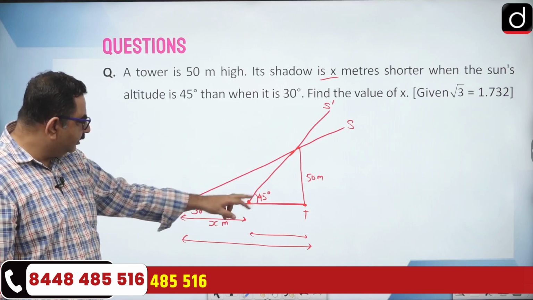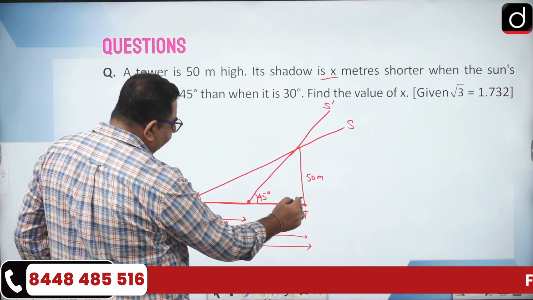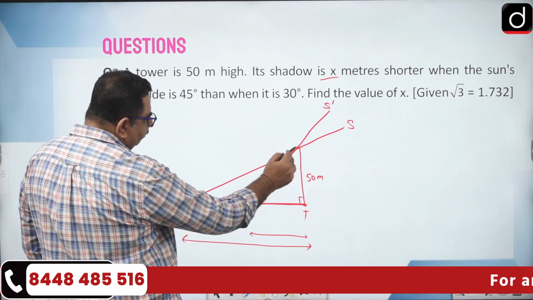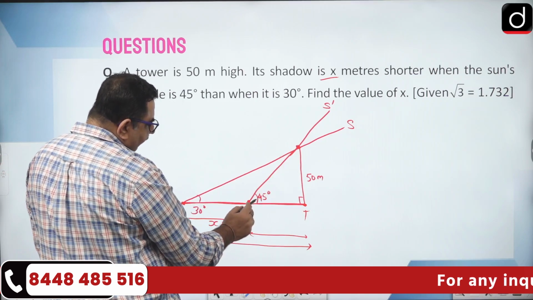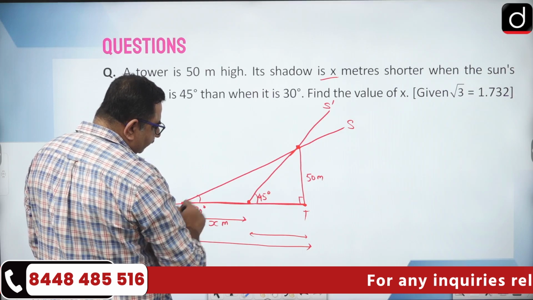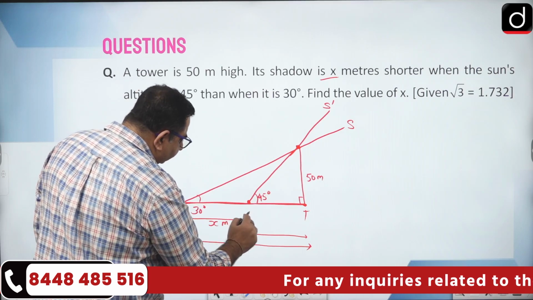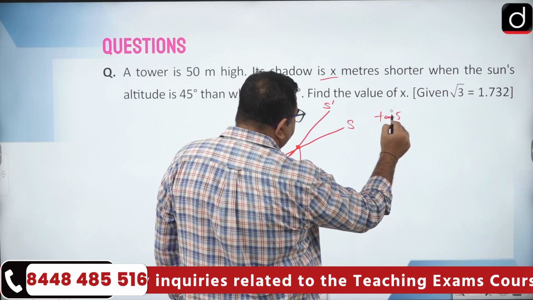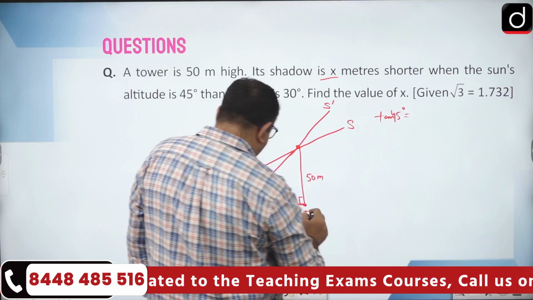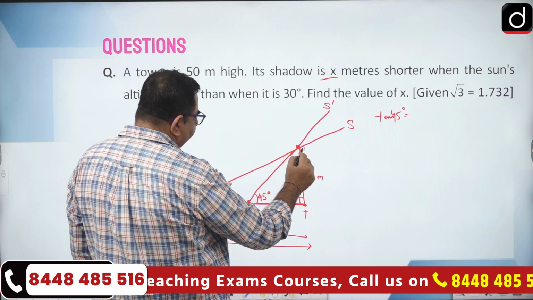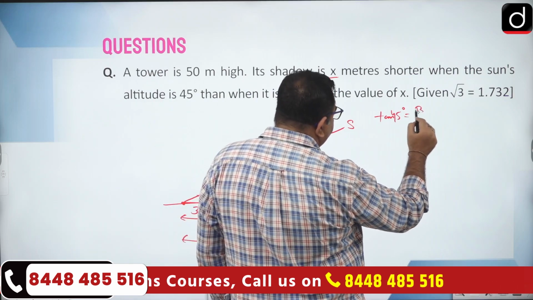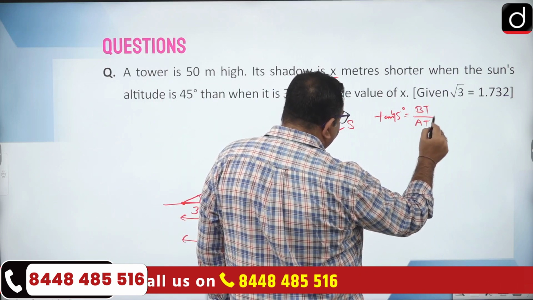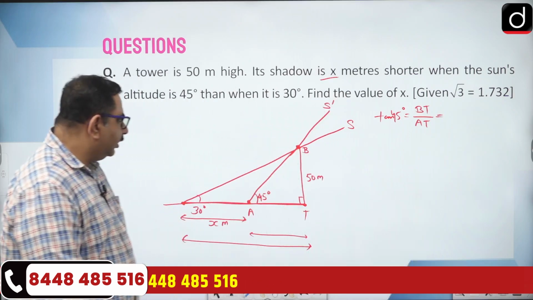Now we can consider a right angle triangle. We know that tan 45 degrees is the length of the tower, let's say BT, divided by this length. Suppose this is AB.